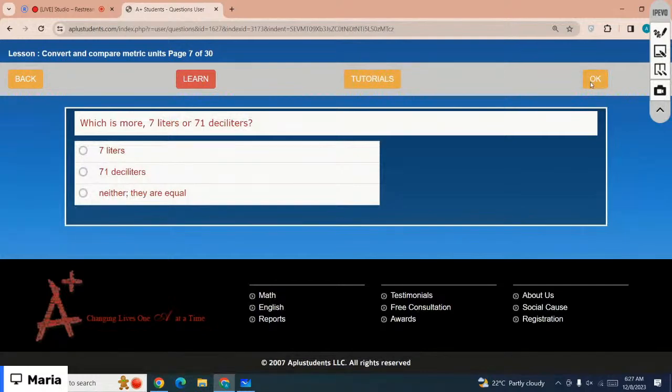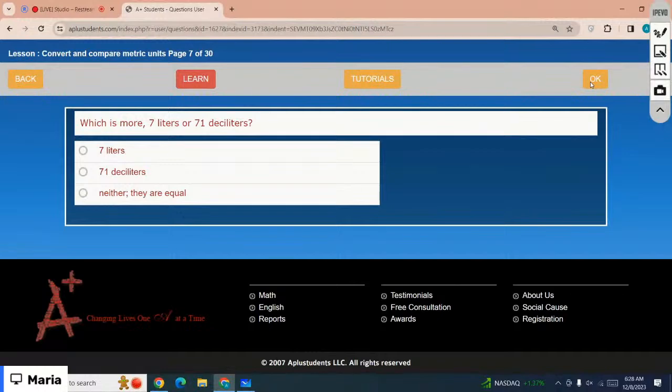Which is more, 7 liters or 71 deciliters? So which is the correct option? 7 liters equals 70 deciliters, right?